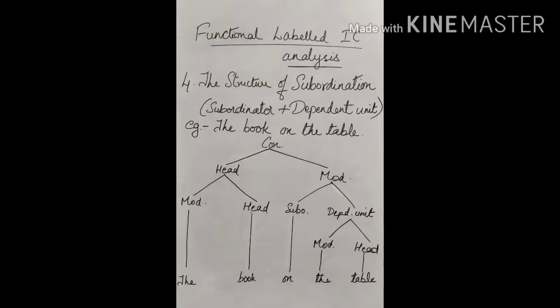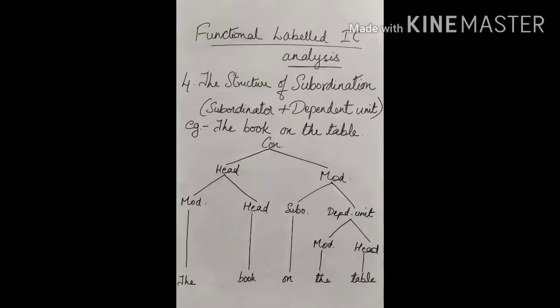Fourth one is the structure of subordination, that is subordinator plus dependent unit. Example, the book on the table. First, the construction the book on the table is divided into head and modifier. Again, the head part is divided into modifier and head.